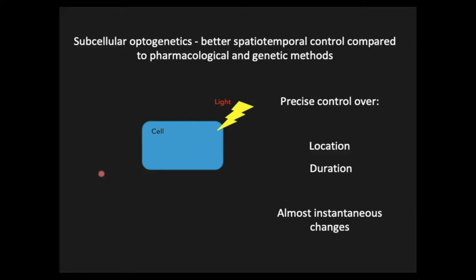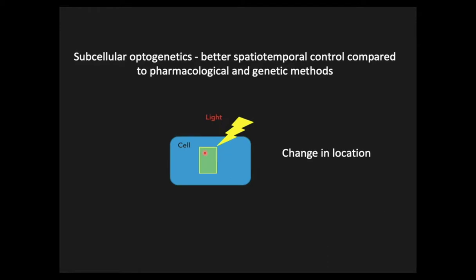Optogenetics gives us precise control over location and the time that we want to maintain the signal. Also, this technique lets us see changes in real time. And like we mentioned, we have control of the signal localization, so we can change the region of interest.